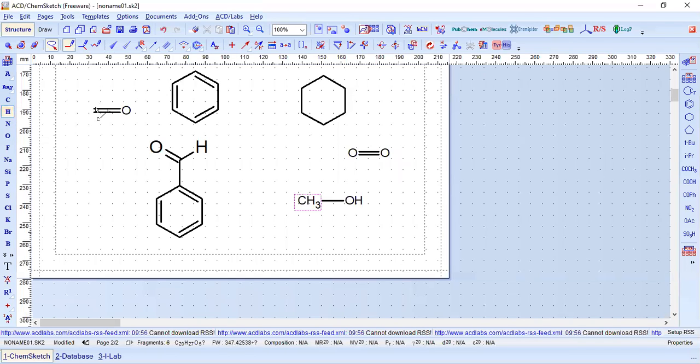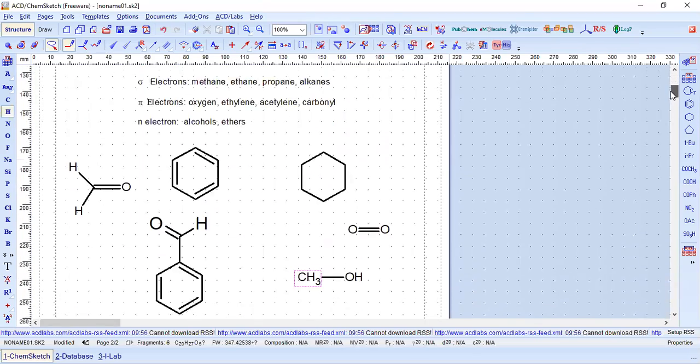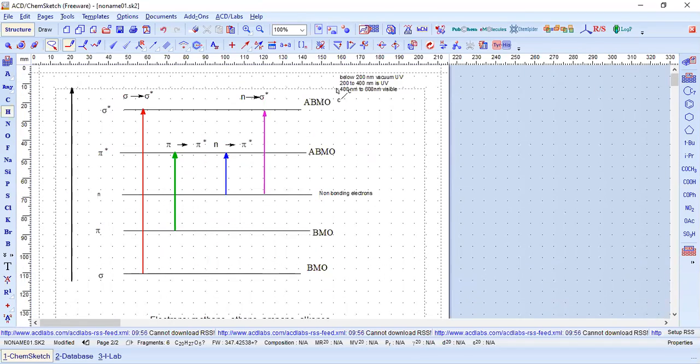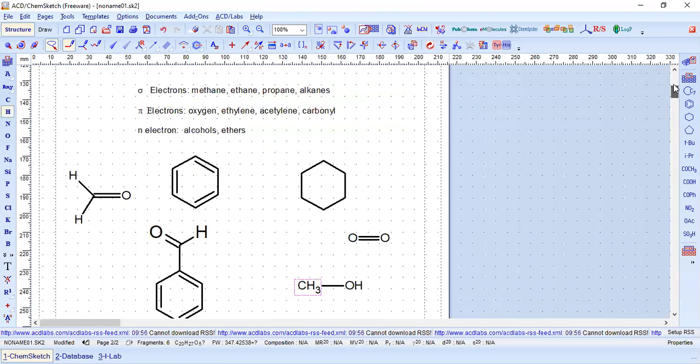What type of transitions are possible in formaldehyde? Sigma is there, so sigma to sigma star, n to sigma star, and pi to pi star transition are possible, n to pi star also possible. Okay, the four electronic transitions. Sigma to sigma star and n to sigma star we are not interested in. We are interested only in n to pi star and pi to pi star because they come only in the UV visible region.